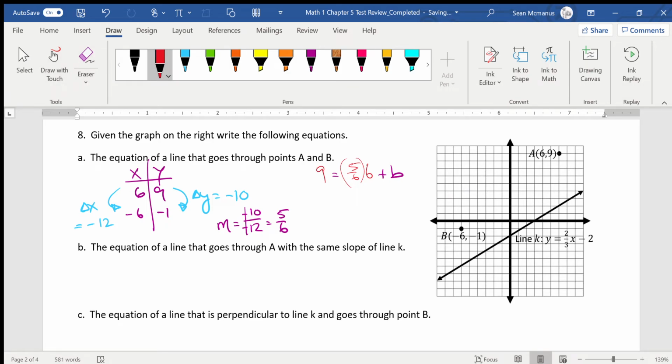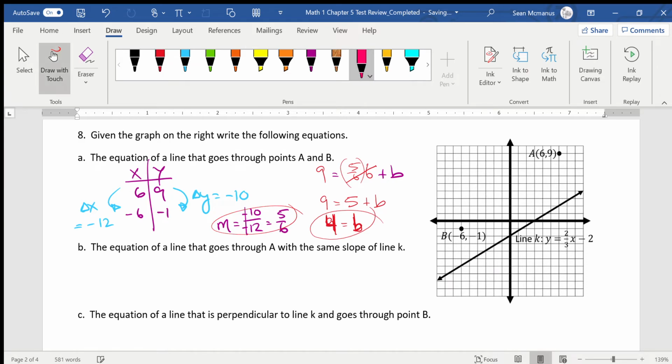Now I'm just missing the b, and that's what I need to complete my equation. So 9 equals 5 times 6 is 30, divided by 6 is 5, or I could have canceled these out, plus b. Subtract 5 from both sides, I get 4 equals b. So I know the m and I know the b.